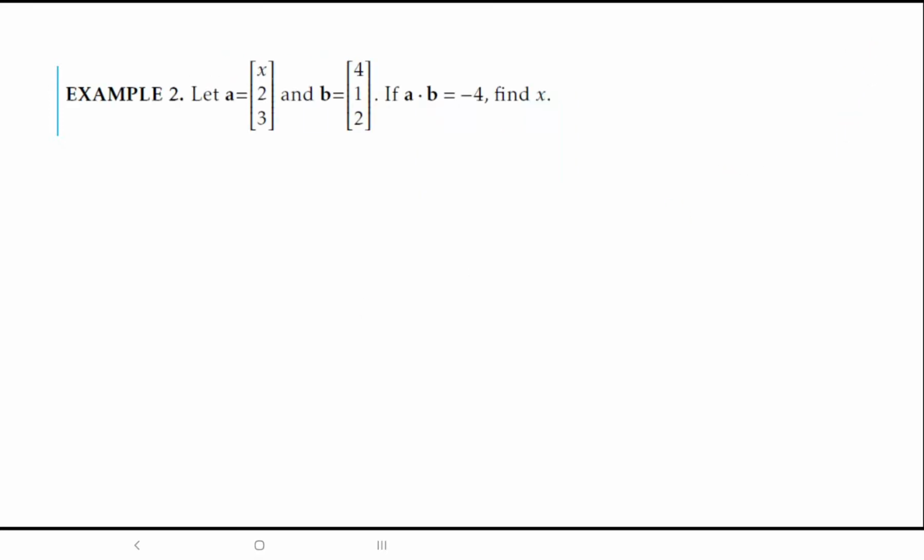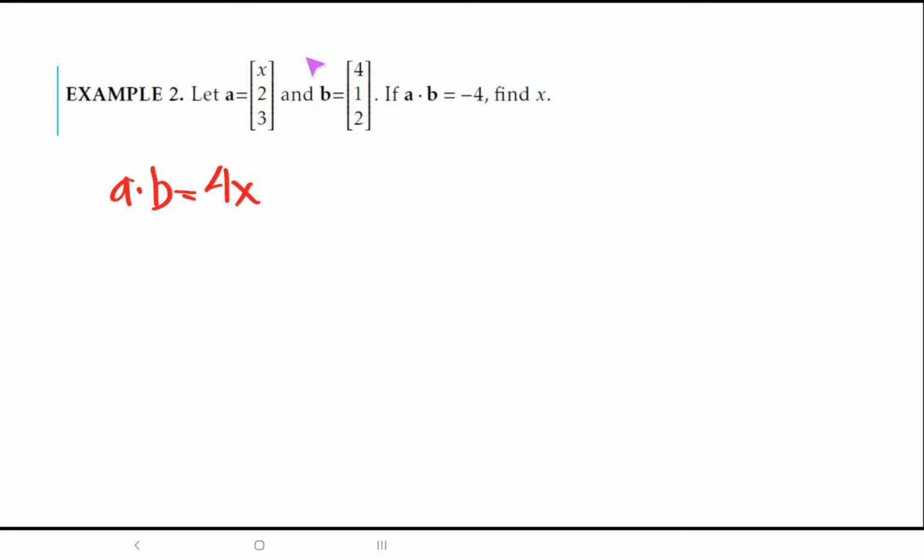So next example, let A and B be 3 by 1 vectors. We have A equal to x, 2, 3, and then B equal to 4, 1, 2. If the dot product of A and B is equal to negative 4, we need to find x. So how do we do that? Computein muna natin si dot product. A dot B is equal to 4x.